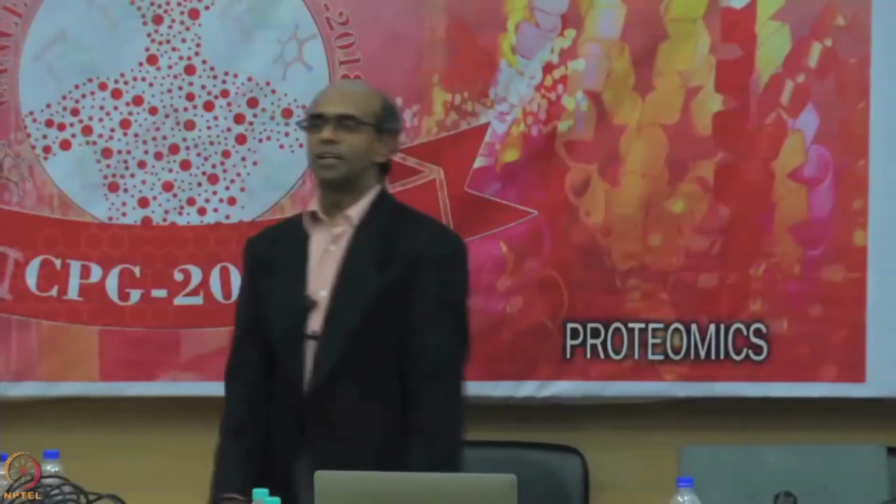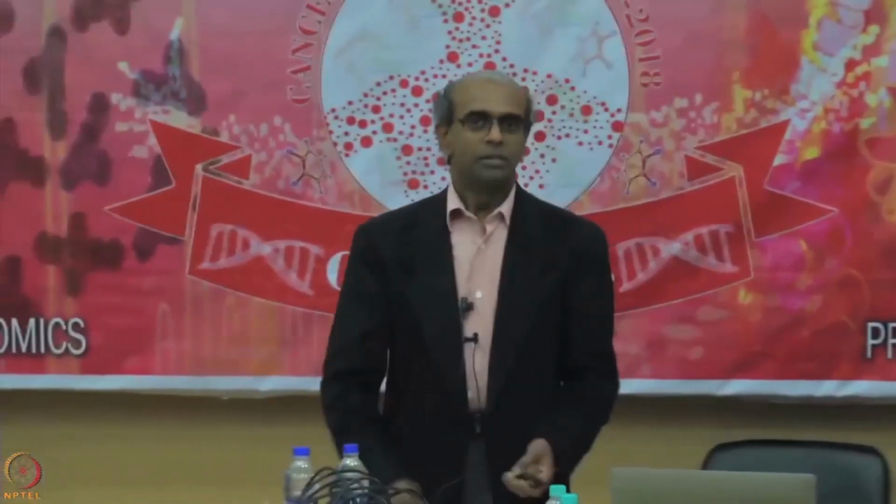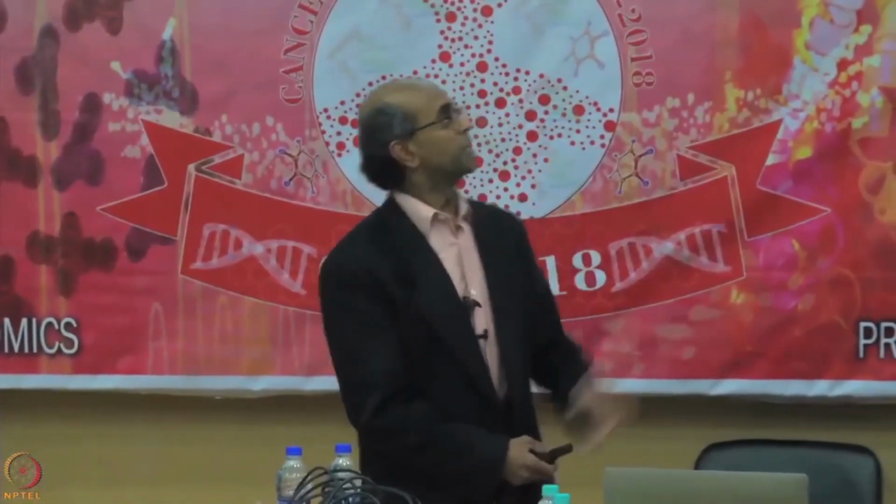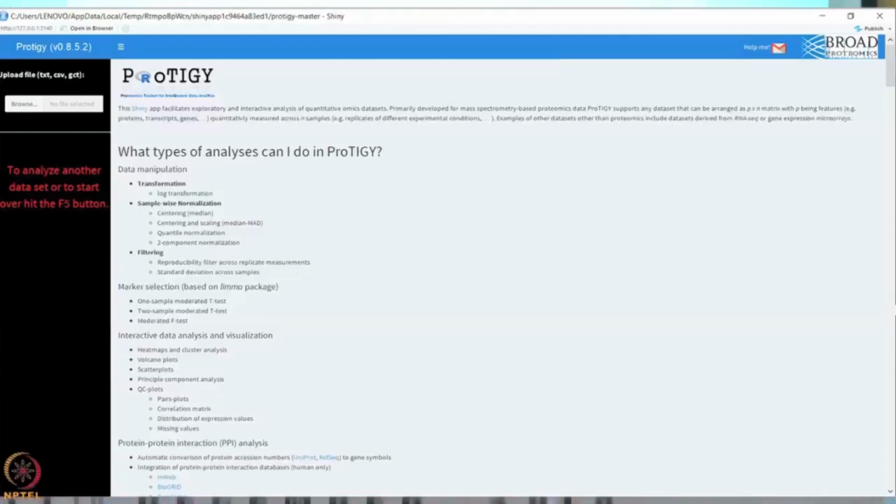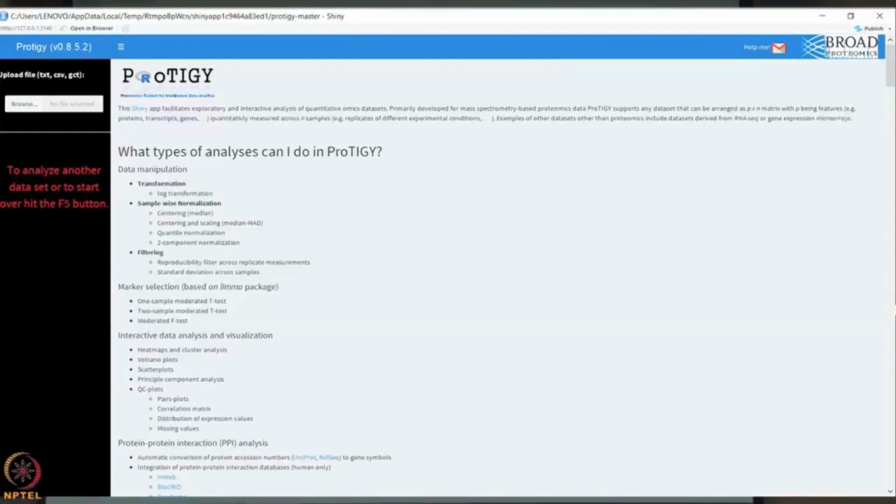If you have installed ProTIGY and it went through completely, you will have a page that looks like this in your web browser. So, that is the tool. So, the history of this is I've talked about t-tests and moderated t-tests and f-tests, like two component normalization and a lot of these things that you would apply to pretty much any project that you work on.